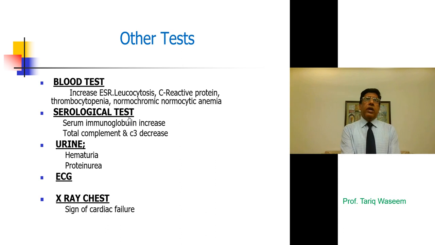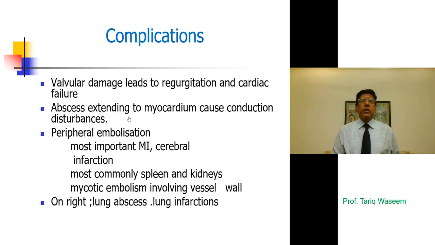ECG would show underlying features of any chamber enlargement, or any arrhythmia if there is one, but ECG itself is not diagnostic. On chest X-ray, you may find evidence of cardiac failure in the form of cardiomegaly, depending upon which valve is involved, and there may be some concomitant involvement of the lung in the form of pneumonia or infection.